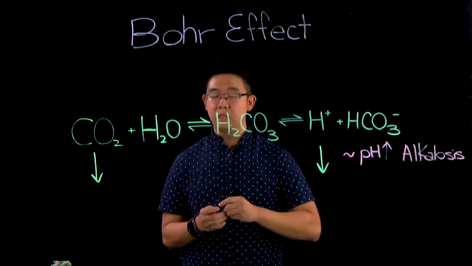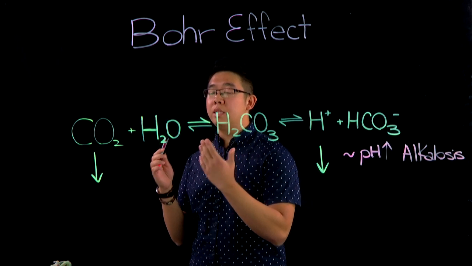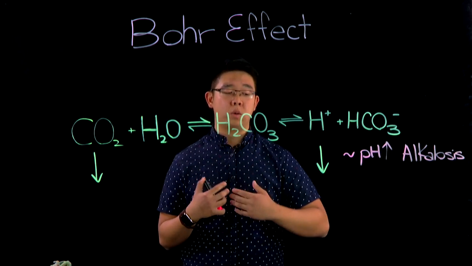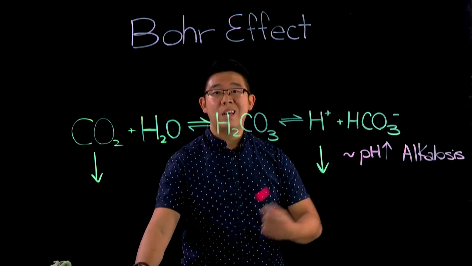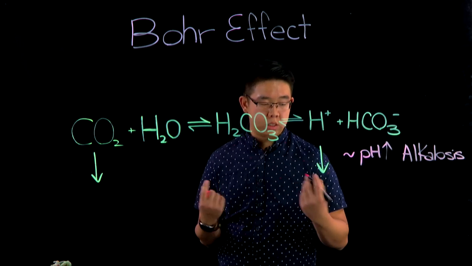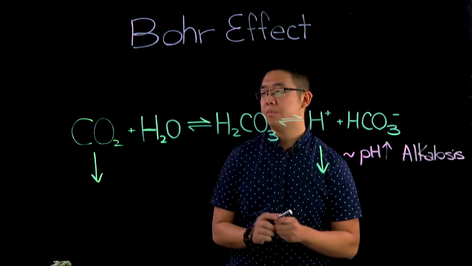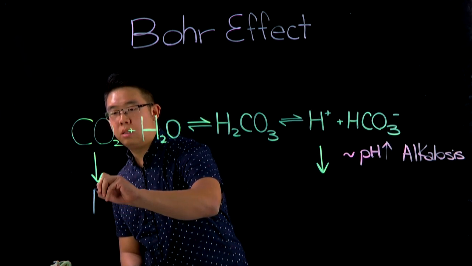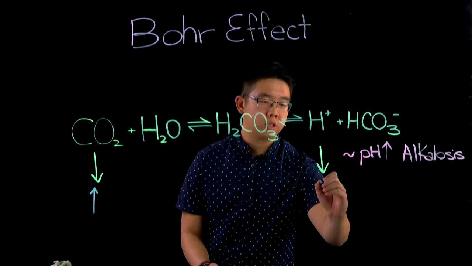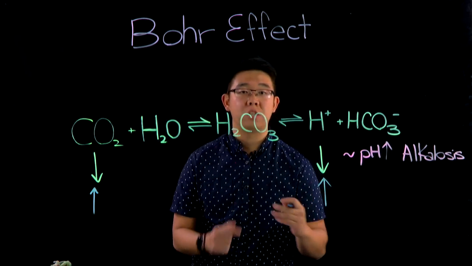Let's say the opposite is also true, where instead of hyperventilating, someone were to breathe into a bag. Breathing into a bag would recycle the carbon dioxide that someone's breathing out. So if we were to deal with this example, with an increase in CO2, you would expect an increase in hydrogen ions, again, based on Le Chatelier's principle.